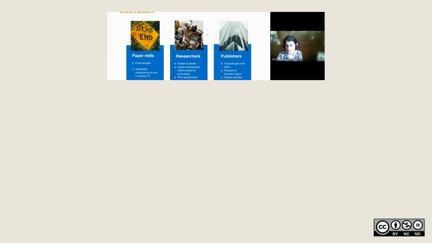The persistence of quantitative criteria and rankings and prestige in the scholarly communities and the environment is basically the main issue why those paper mills appeared and why we don't have efficient means to deal with them.